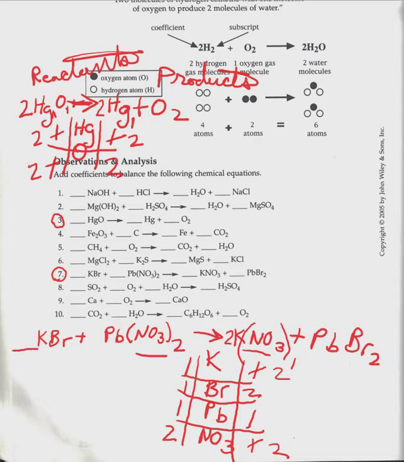And they need increasing on the reactant side. So what a number times 1 to get me to 2 would be 2. So I'm going to put 2 times 1. 2 times 1 is 2 potassiums, and 2 times 1 bromide is 2 bromides.